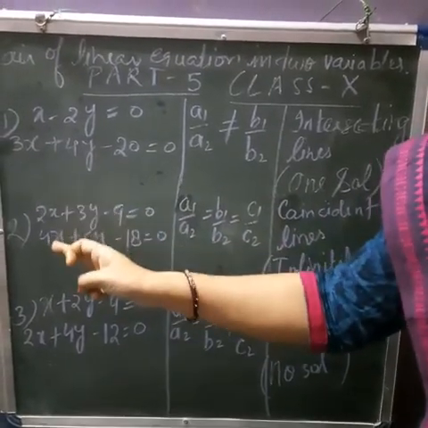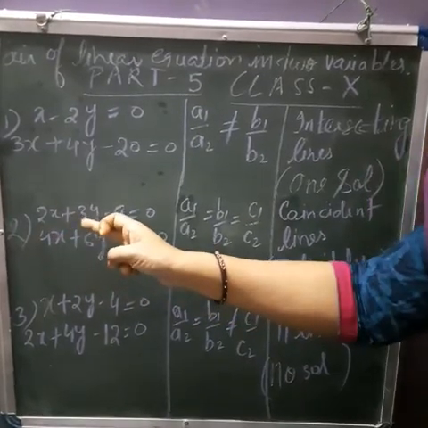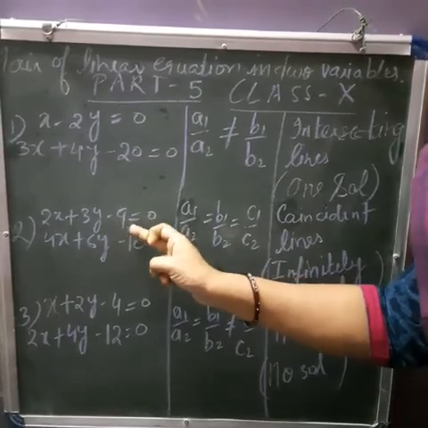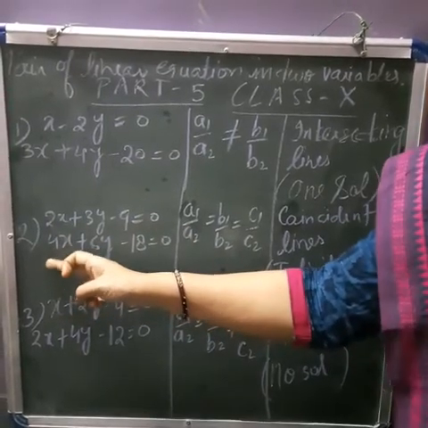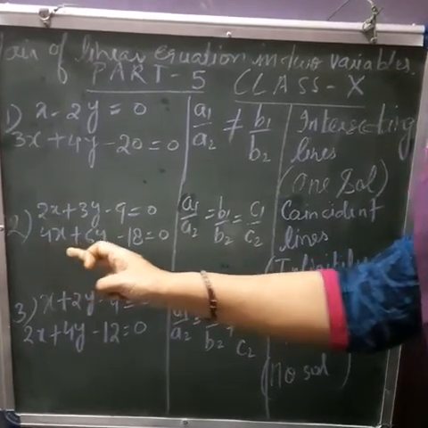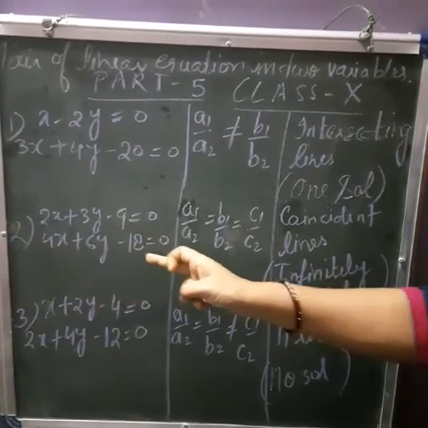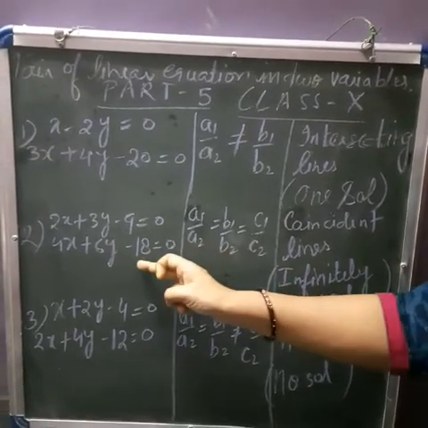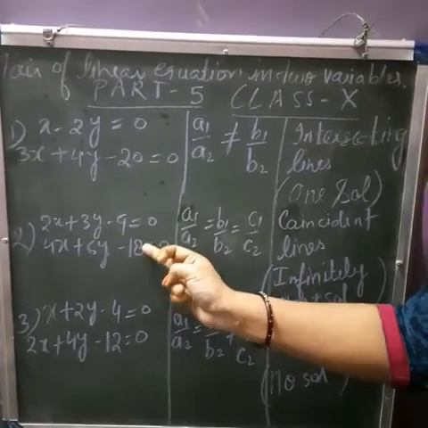The value of a1 is 2, b1 is plus 3, and c1 is minus 9. Then the value of a2 is 4, b2 is 6, and c2 is minus 18, or if you take it to this side then it will be plus 18. So it is up to you.